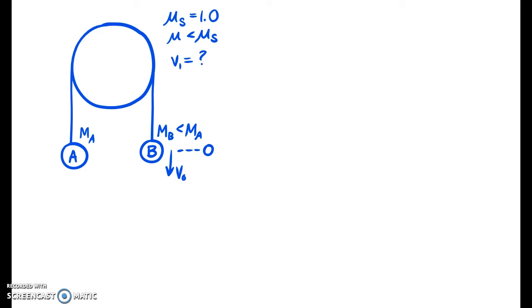So let's start off with the acceleration while B is falling. Let's denote AD as the upward acceleration while B is moving down. So while B is falling, and it's falling because we gave it an initial V0.